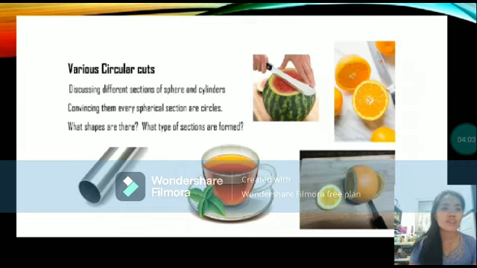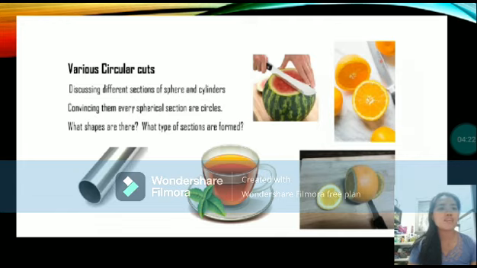You have there the watermelon. It's spherical in nature, but when it's cut, you can see a circle, as well as the oranges, the glass of tea, and the pipe.